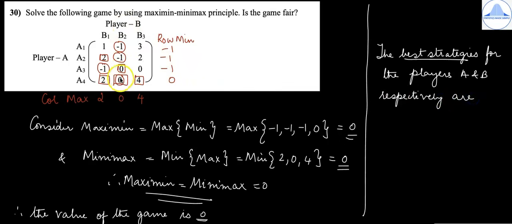Now see the table, wherever you have the circle and the box, that would be the saddle point. And then you see what are the corresponding strategies. It is A4 and B2. Now they have asked us another question, is the game fair? So whenever the value of the game is 0, it is a fair game. You write, therefore, the game is fair.